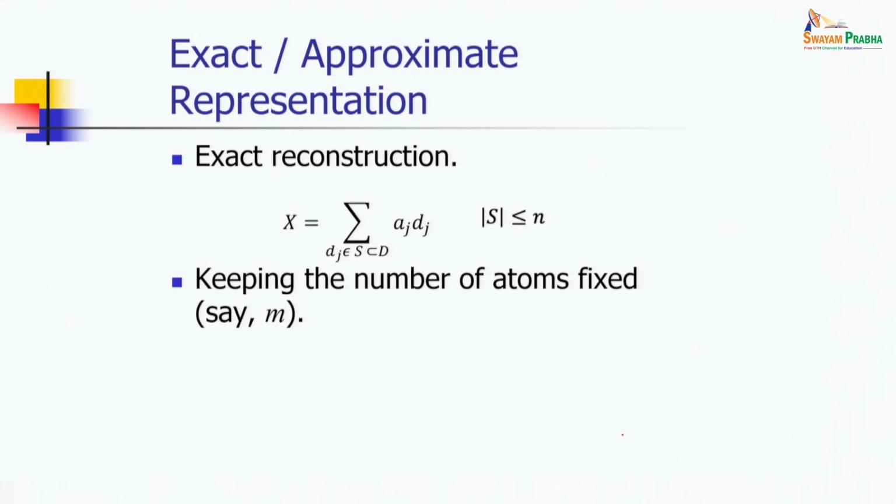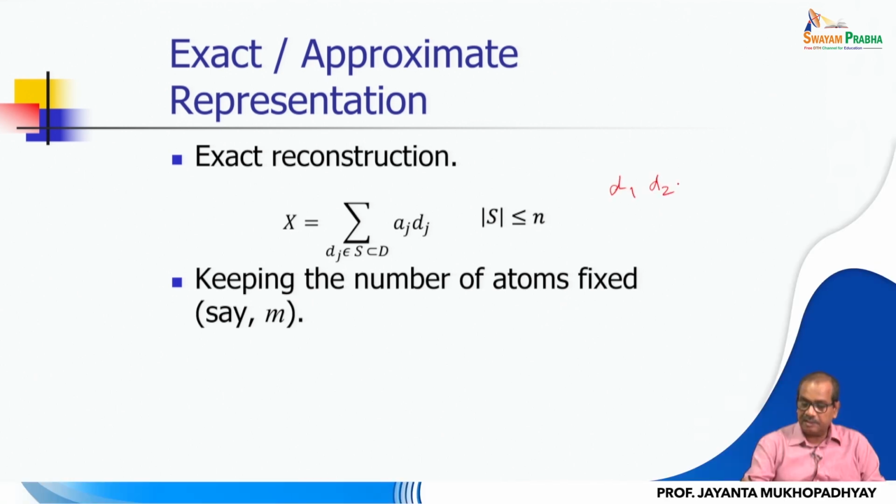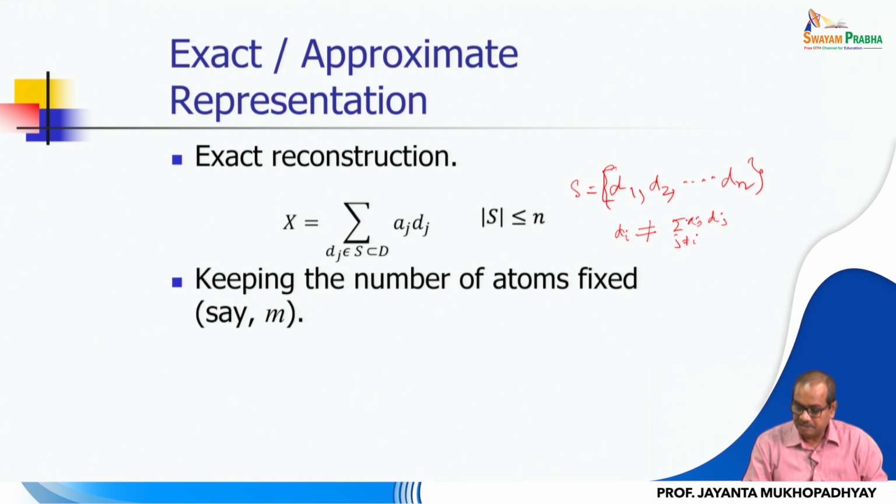So we say a set is linearly independent when, for example, without loss of generality, let us consider that we have n such atoms forming this subset S. These are linearly independent if, for any particular atom di, it cannot be expressed as a linear combination of all the other atoms except di.